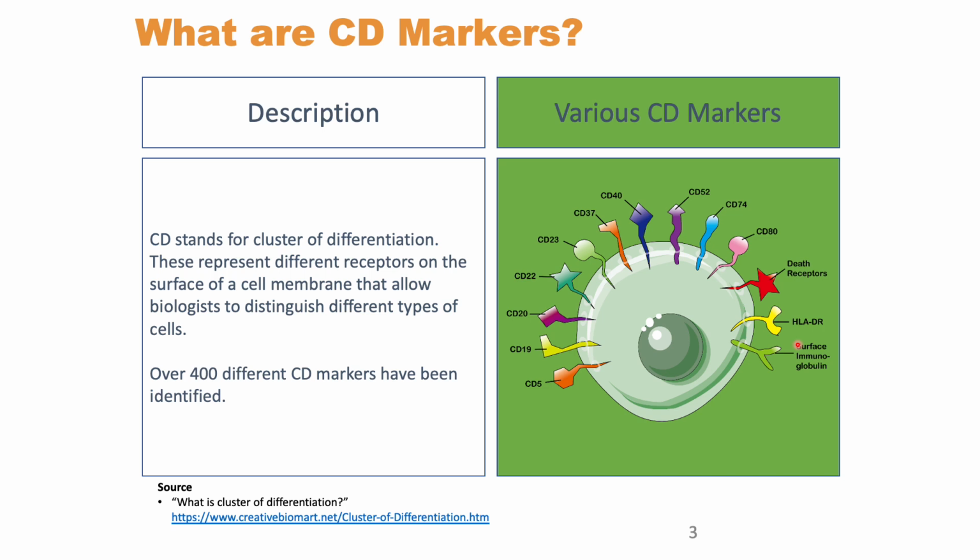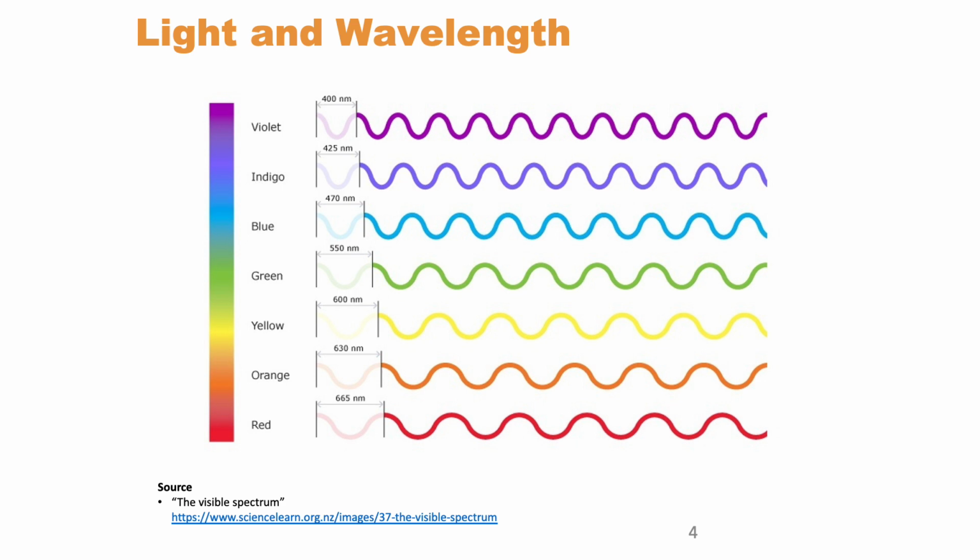If you're a ligand, the key, you can bind to a receptor on another cell and trigger that other cell to do something. We can use these CDs to differentiate cells using flow cytometry.